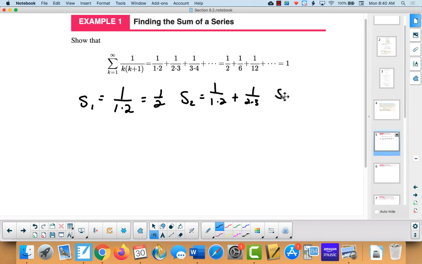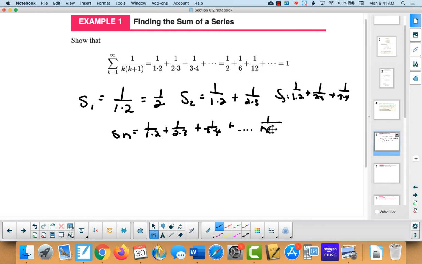S sub 3 is 1 over 1 times 2 plus 1 over 2 times 3 plus 1 over 3 times 4, and so on. We keep going. So S sub n is going to be 1 over 1 times 2 plus 1 over 2 times 3 plus 1 over 3 times 4, and we continue on, always getting 1 over n times n plus 1.